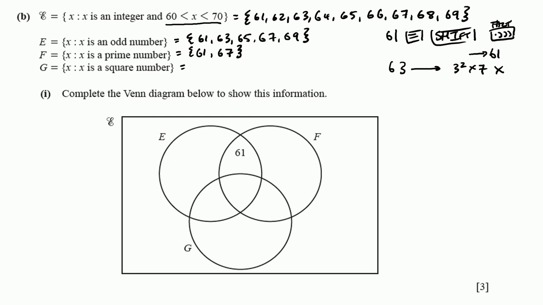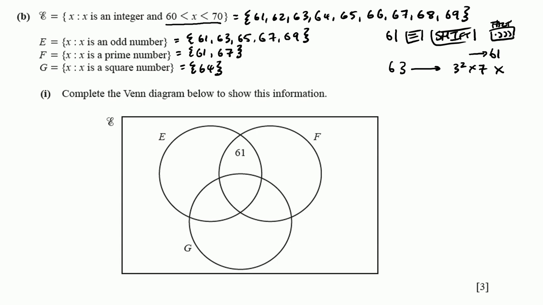Now I need square numbers from the universal set. Notice that, by the way, I didn't even think about testing my even numbers from the universal set because they obviously divide by 2. They can't be prime. Square numbers from the universal set, the only square number contained in there is 8 squared, which is 64.